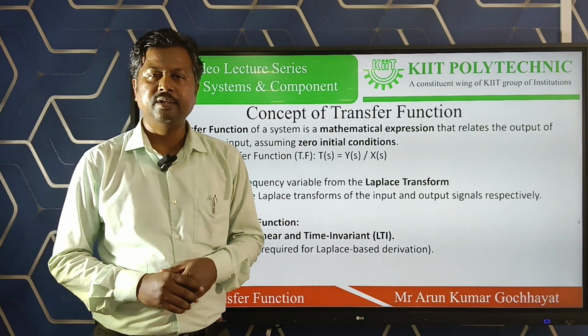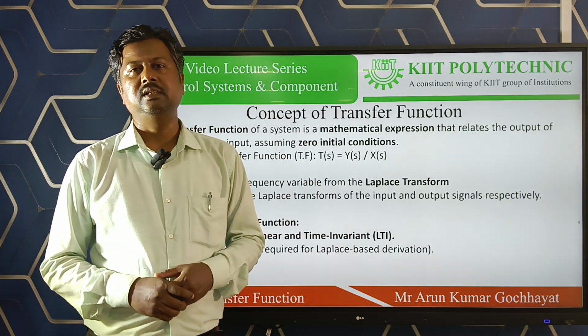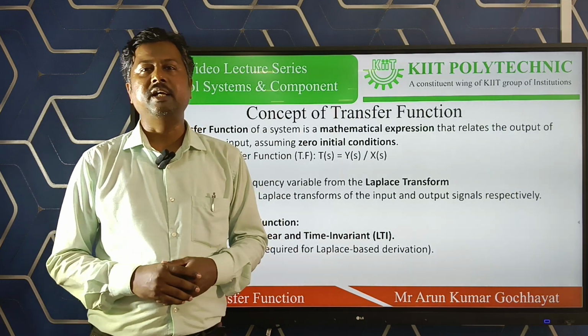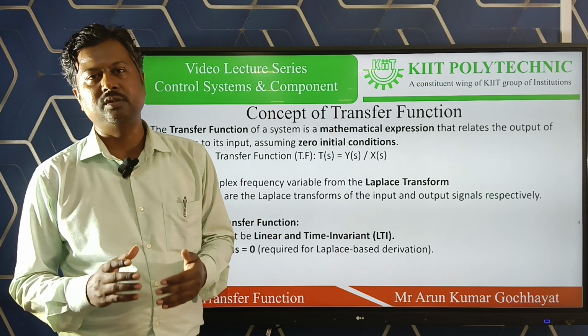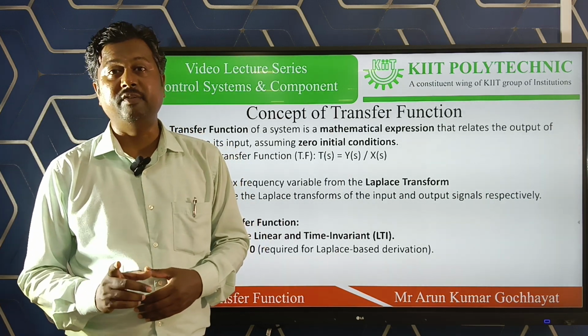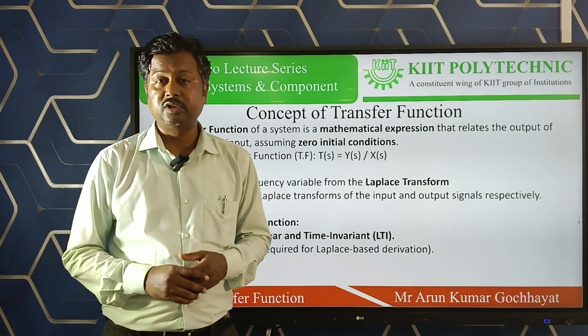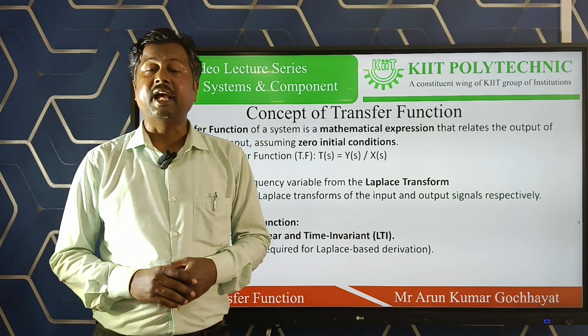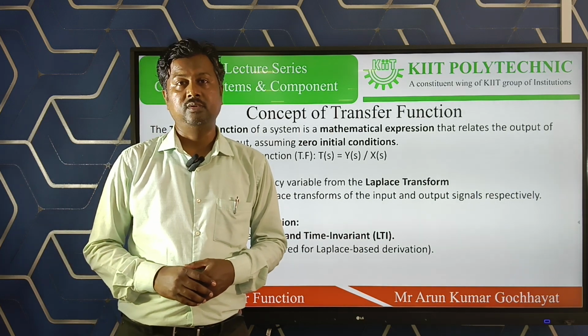But mind it, it requires a certain condition: the transfer function can only be determined for a linear time invariant system. That means a system must be linear and must be time invariant in nature. So the transfer function cannot be determined for nonlinear and time variant systems.